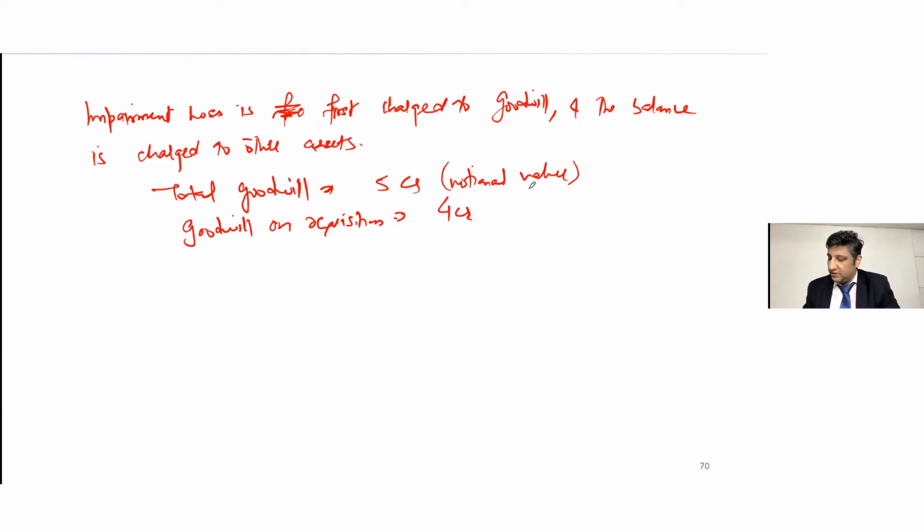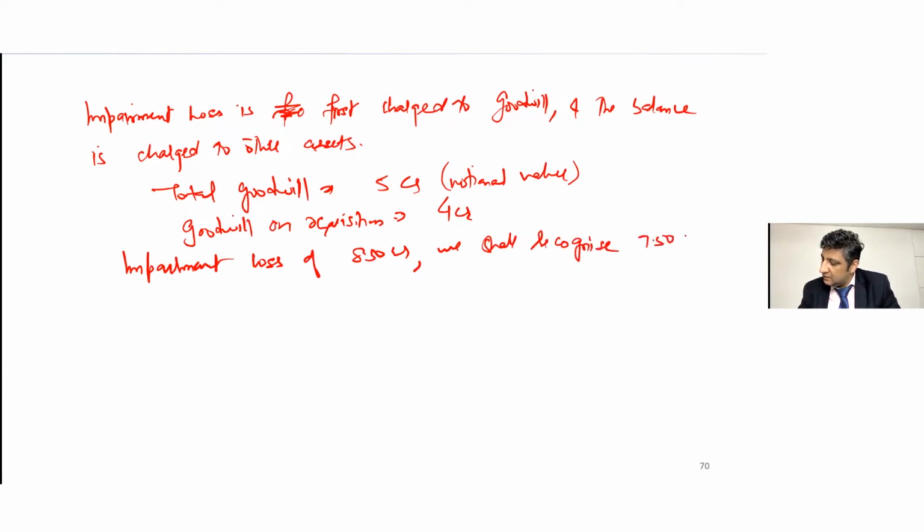That's what we are trying to focus on, which means that out of the total impairment loss of 8.5 crores, we shall recognize 7.5 crores of loss, because this 1 crore is the differential, the 5 crores and 4 crores. The difference between the two values is purely a notional amount of goodwill.